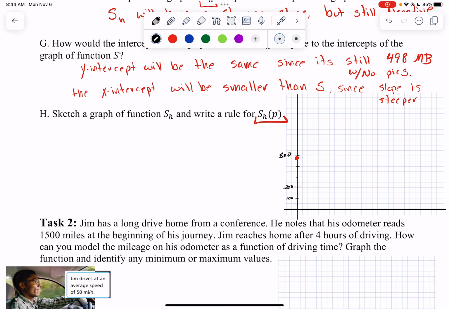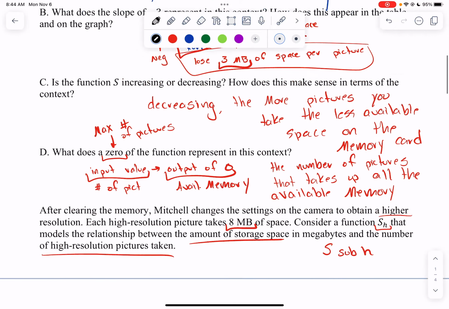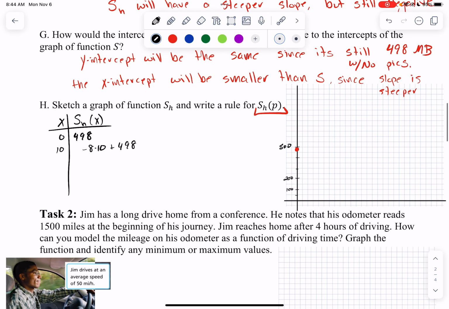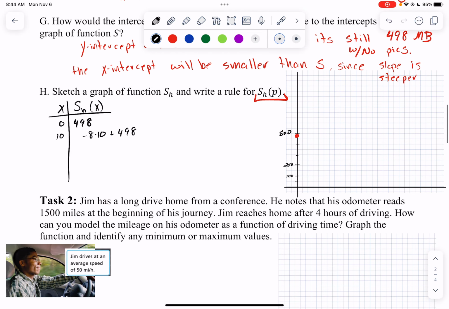We counted by 50 on that scale too. So at 10, we'd be at 418. So it's going to go down a whole lot steeper. Okay, we probably really don't want to include this stuff down here.